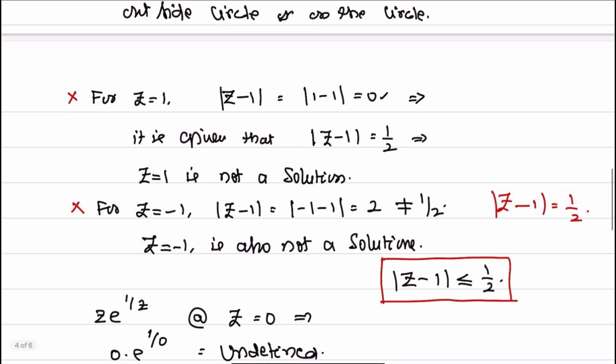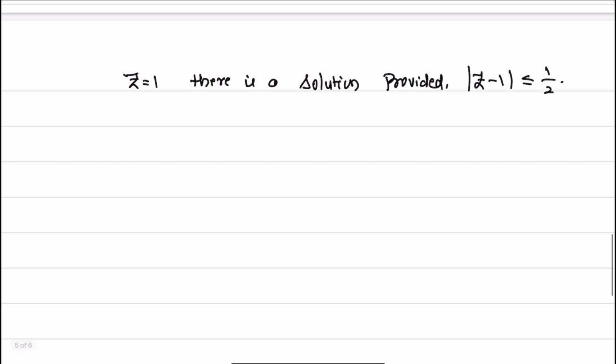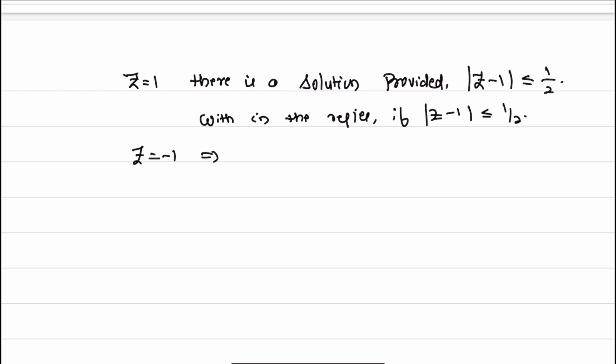Within the region, Z is equal to 1 is a solution if modulus of Z minus 1 is less than or equal to half. Z is equal to minus 1 is outside the region, no solution.